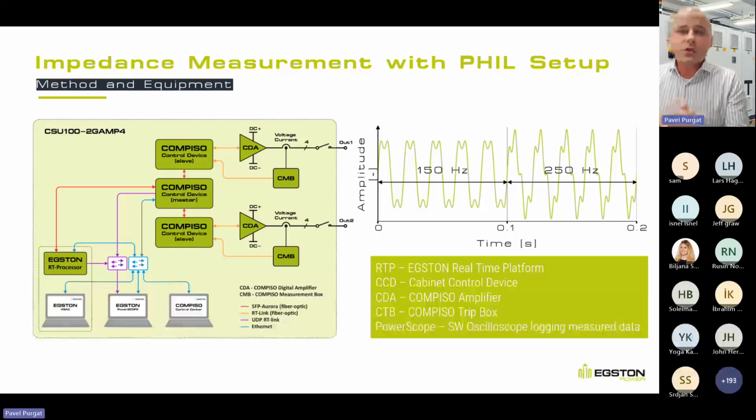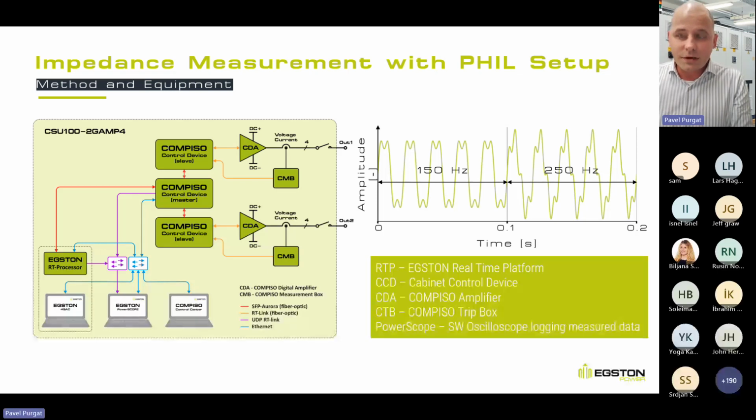As I mentioned, together with one of our customers, we have developed a method that uses external amplifiers to measure impedance or admittance of a converter or a power system at the point of common coupling. What we need are the power amplifiers that are both imposing the operating point, so the nominal voltage and nominal currents, and are able to modulate a perturbation on the main signal.